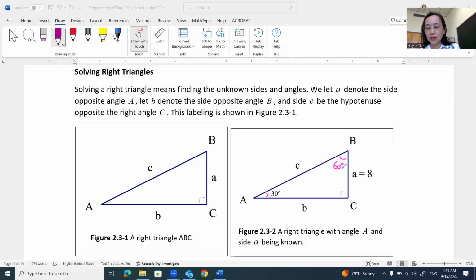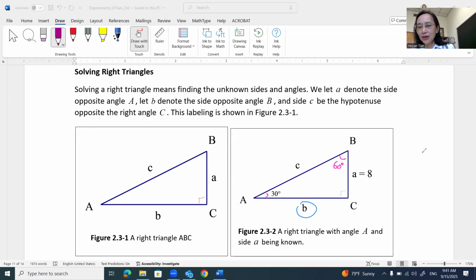So we solved for the unknown angle B. Now the remaining task is to determine the unknown side length. So that is b and c. So let's solve for b first.